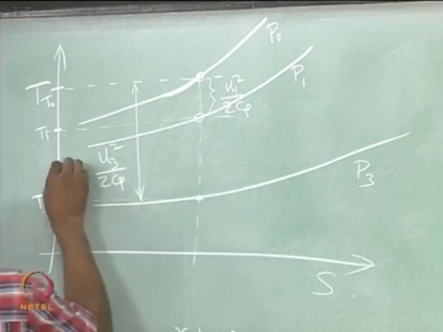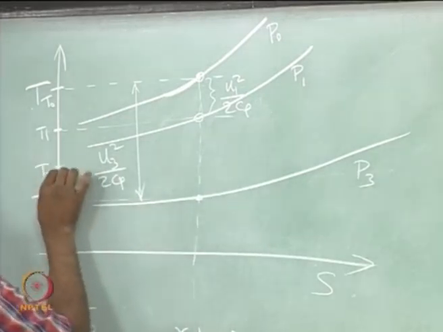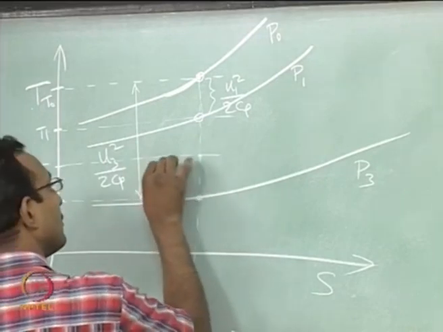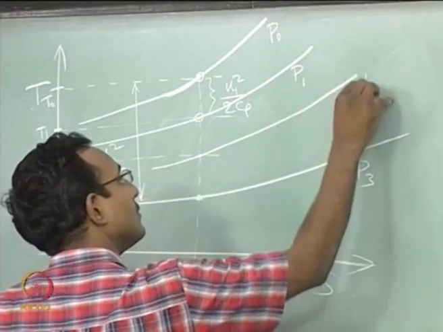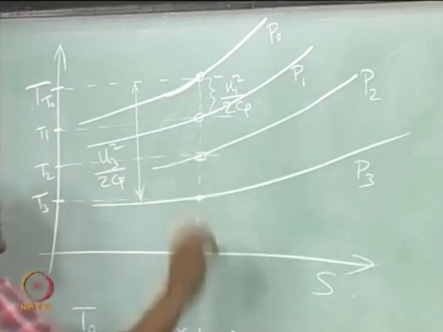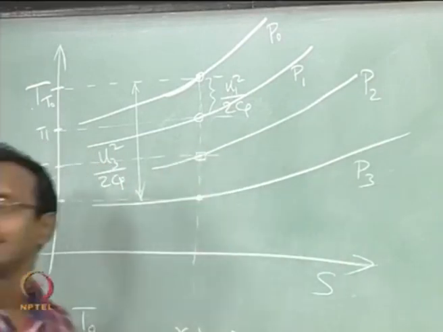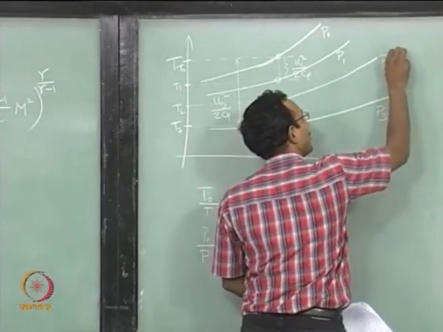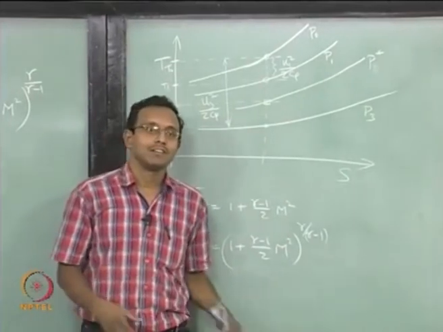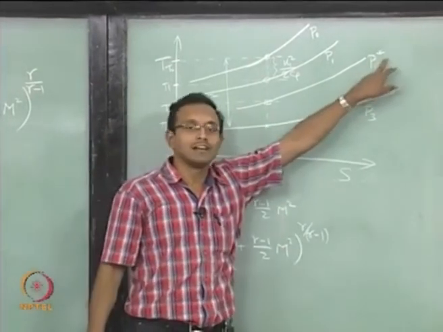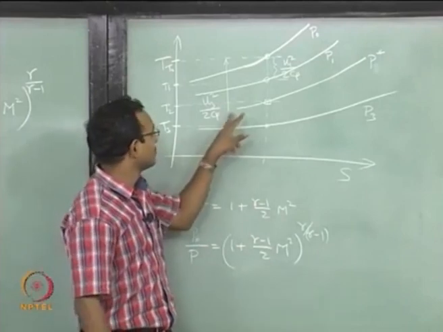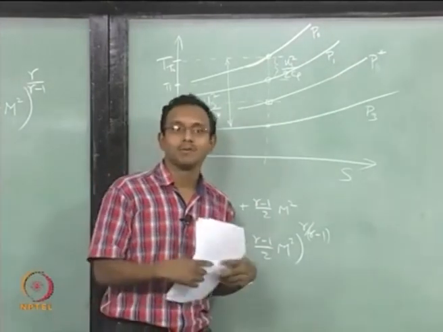Now, we will draw the special case. P2, this is my special case, and typically what they do is they just put a star on top for sonic conditions in gas dynamics. A common notation, they will put a star for sonic conditions. That corresponds to special case M equal to 1.